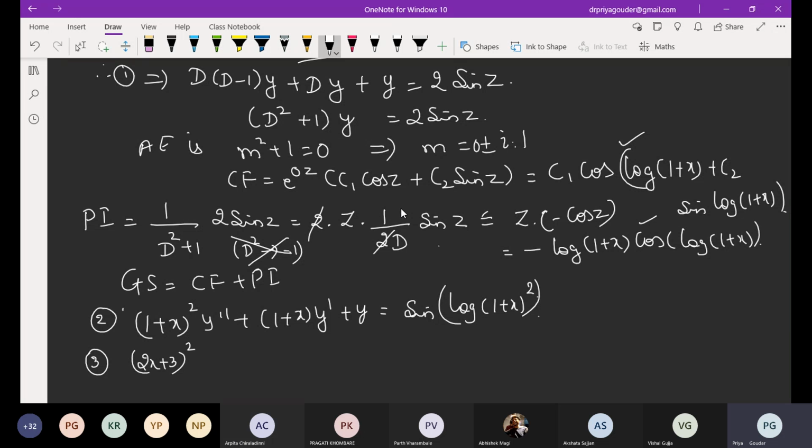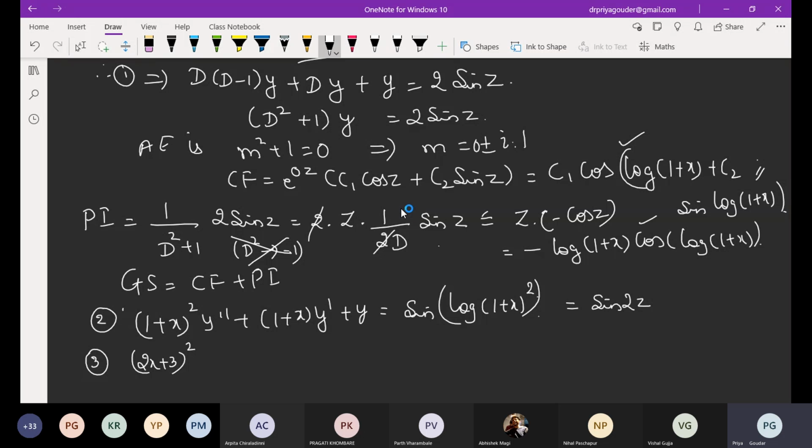So tell me the simplification of log of u raised to p. It converts as sine 2z. Here we had 2 sine z, here it is sine 2z. So till CF it is 100% the same.